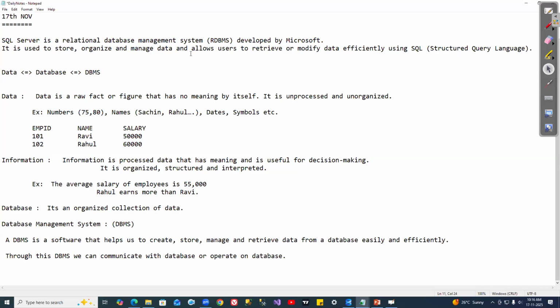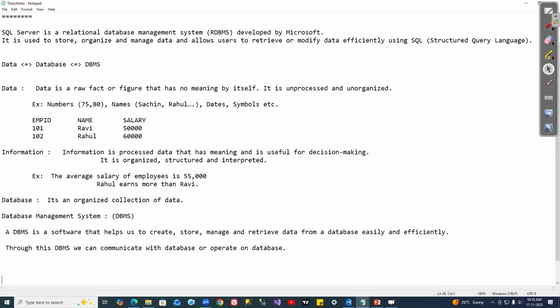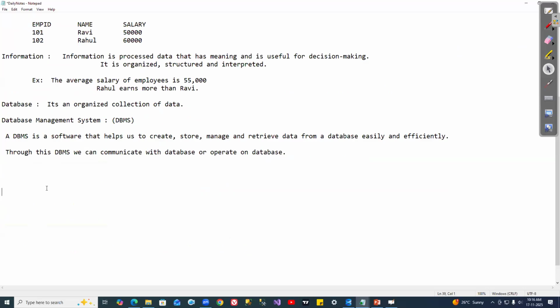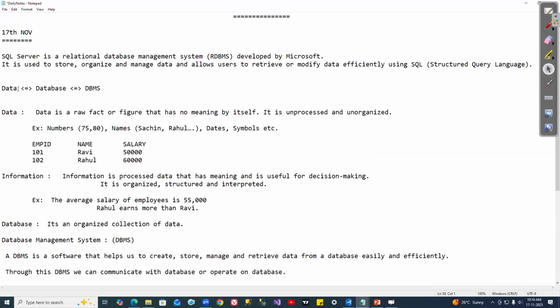Now, our concern here is RDBMS. What is a Relational Database Management System? Let us first see what types of data are available, and what exactly RDBMS is. There is a link between the type of data and RDBMS.